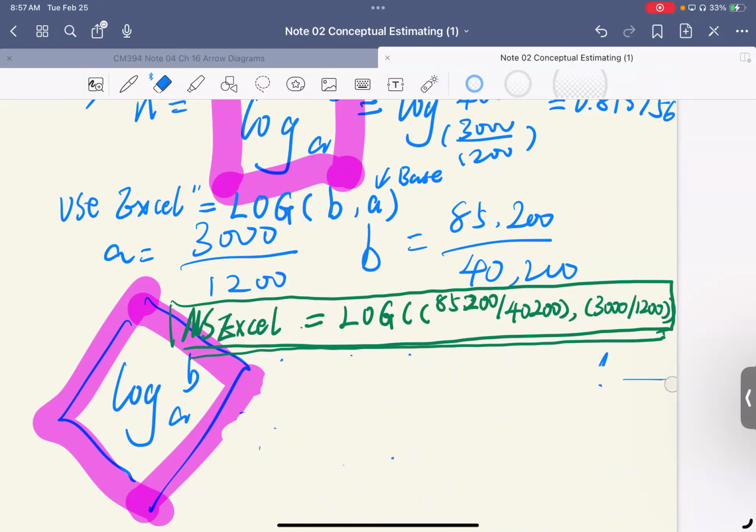So if you don't have a calculator, please try this one using Excel. It will give you the same results.